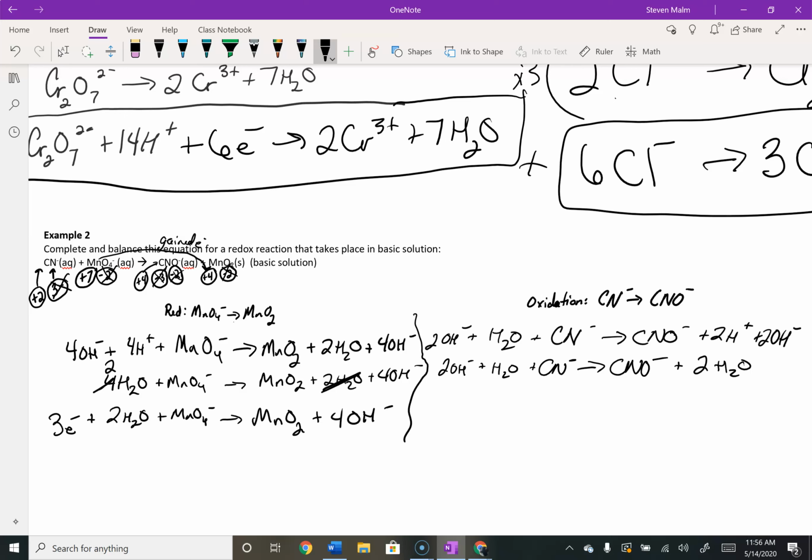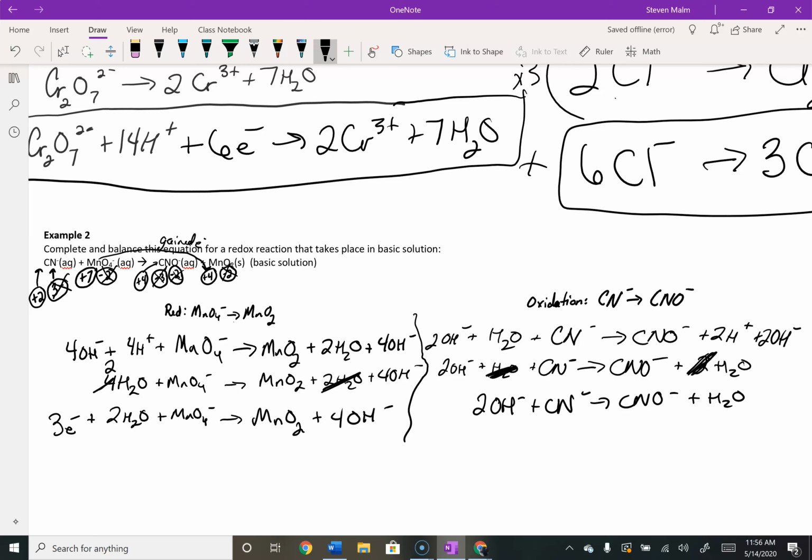Then I'm going to cancel the H2O on both sides. So this is just going to become a 1, and this is going to go away. Then I'm going to balance with the electrons.